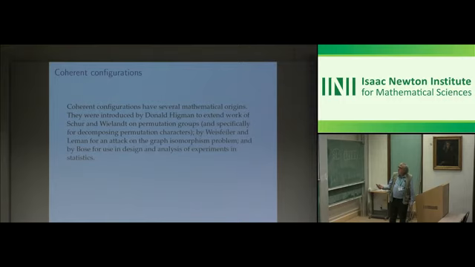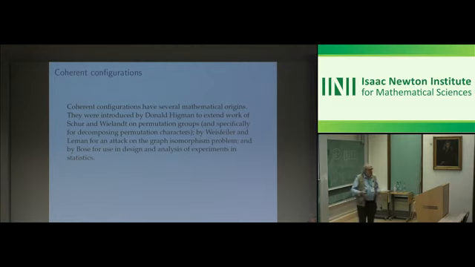At the same time, in the former Soviet Union, Weisweiler and Leman were working on graph isomorphism, and they introduced coherent configurations. So they called them cellular algebras. We can't call them cellular algebras anymore because that term's been hijacked for something completely different. But they called them cellular algebras for an attack on the graph isomorphism problem. And this fed into the work of Babai on the graph isomorphism problem.